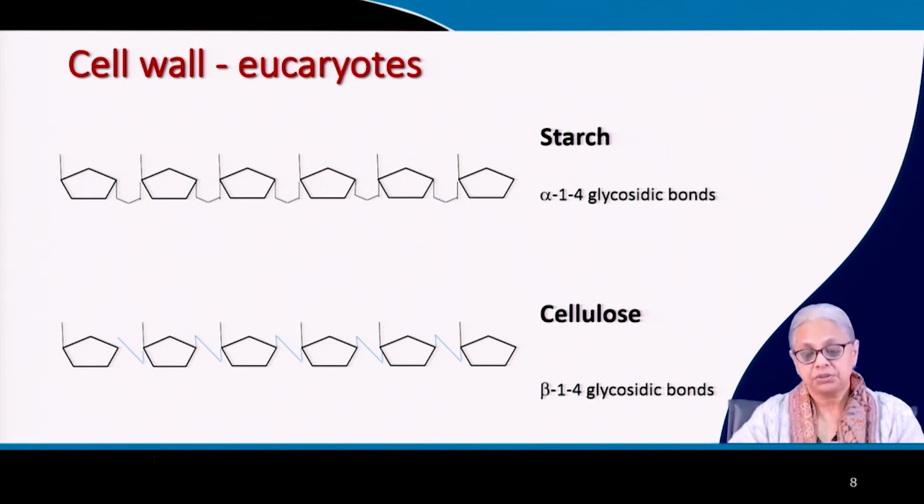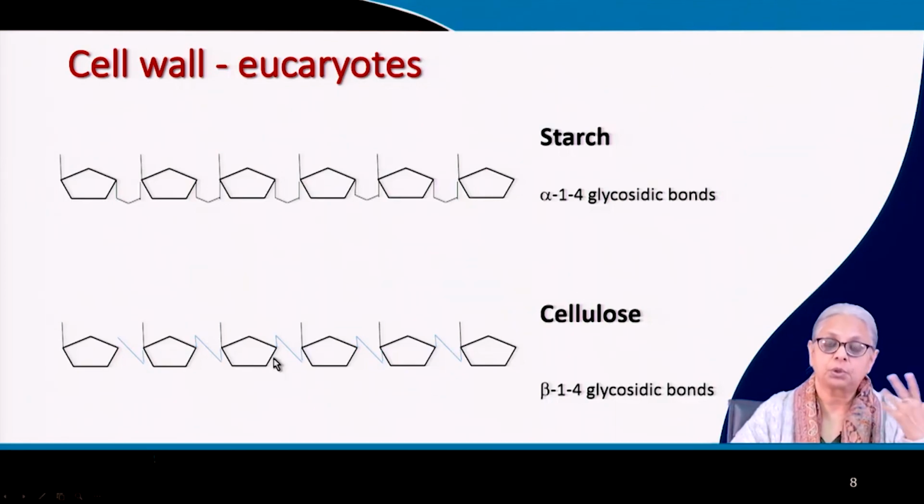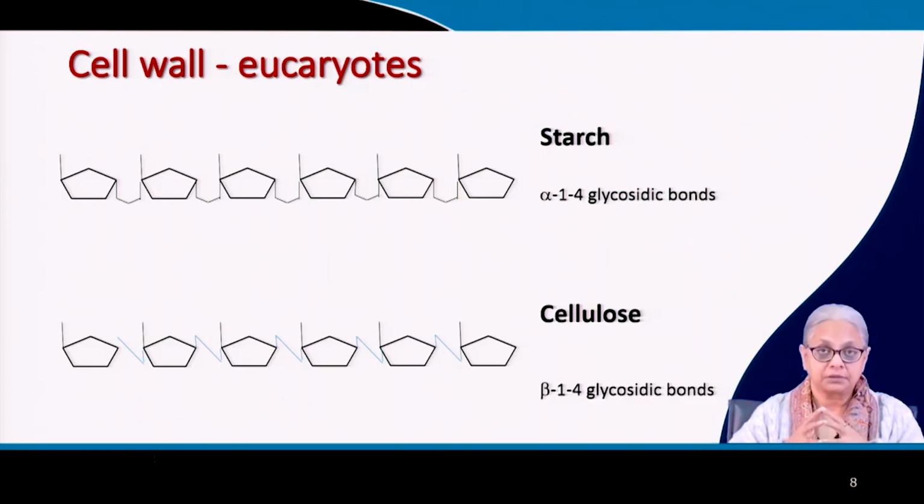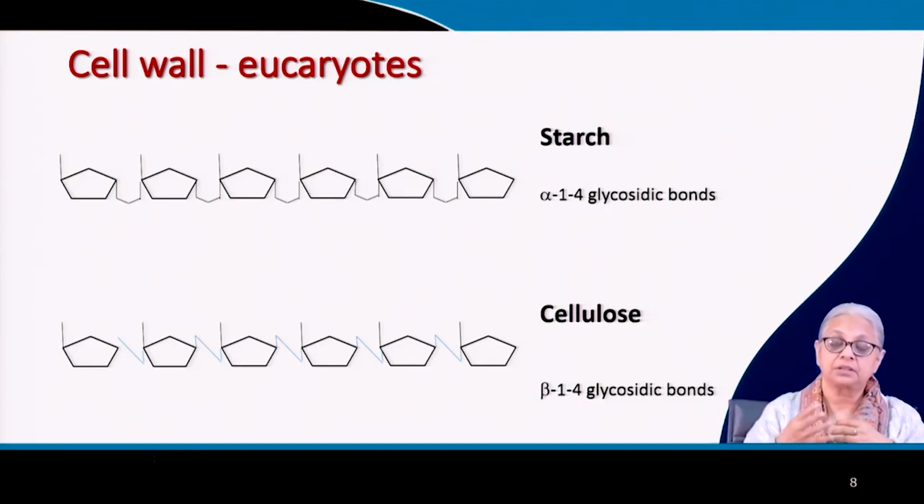I've already shown you the structure of starch and cellulose, and when we talk about cellulose, remember what I said in a previous lecture. I said that plant cells, and especially the plant structure, is made out of lignocellulosic compounds. The actual rigidity of the plant, its ability to stand erect and maximize harvesting of sunlight and converting it to chemical energy, all of that is based on the rigidity imparted by lignocellulosic structures within the cell wall.